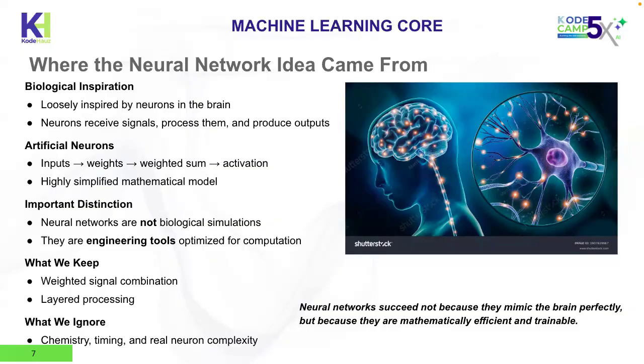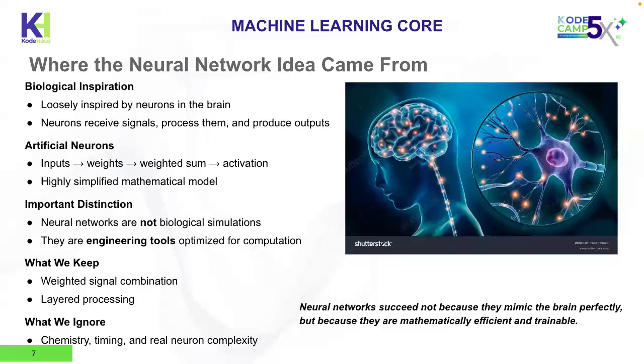So that's the biological inspiration of this neuron that we use for neural networks. In the human brain and nervous system, neurons receive signals, they process those signals, and then they produce outputs. This principle was copied by researchers of those days.